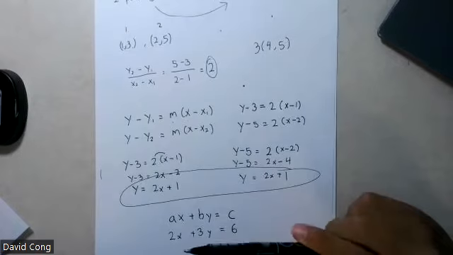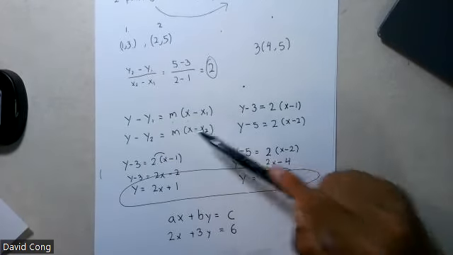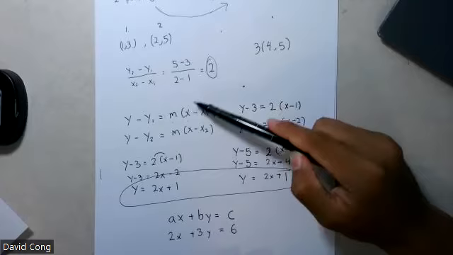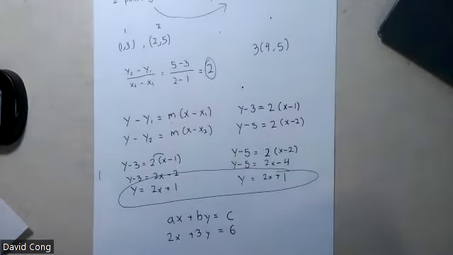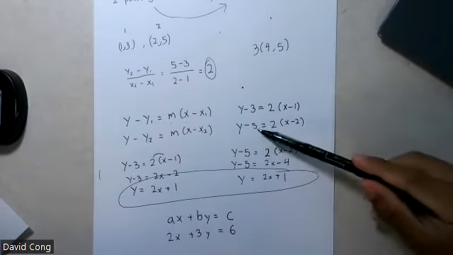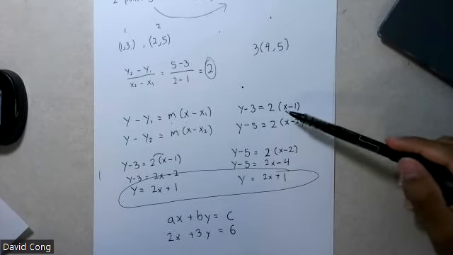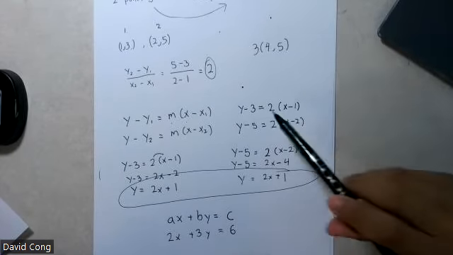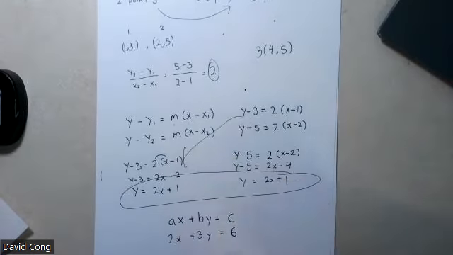So we do y minus y1 equals the slope, which we already calculated, times x minus the x coordinate of 1. So we get y minus 3 is equal to 2 times x minus 1, because we plugged in the y1 and the x1. And now coming over here, we expanded this.